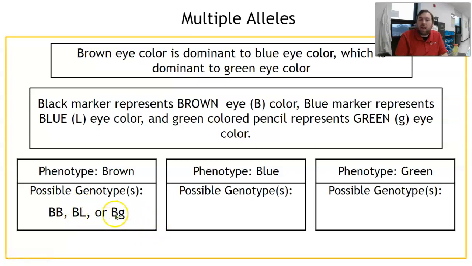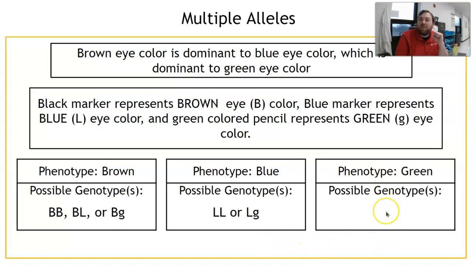And of course the capital B is dominant over the lowercase g, therefore we have brown eyes shown over the green there. In order for there to be blue eyes, it has to be a situation where the L is the dominant one over the g, or it's the only one available. If we combine that B and the L again, well, the B is still going to mask over the L, and therefore our only possible genotypes for blue eyes are going to be LL and Lg.